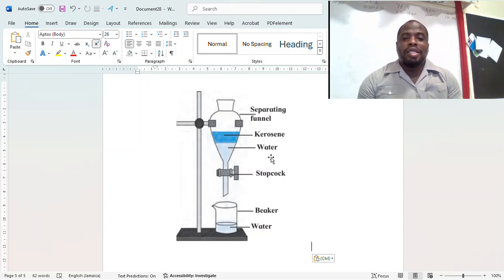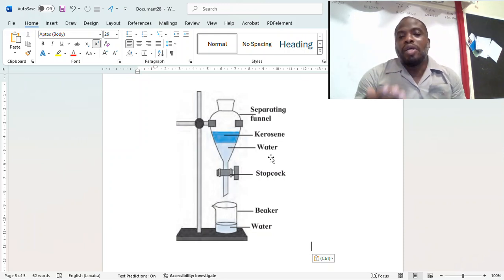Now, water is considered to be a polar substance. Kerosene is a non-polar substance. In terms of dissolving and mixing, we say like dissolves like. So a polar solvent like water can dissolve a polar solute.